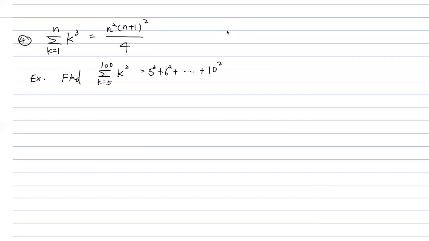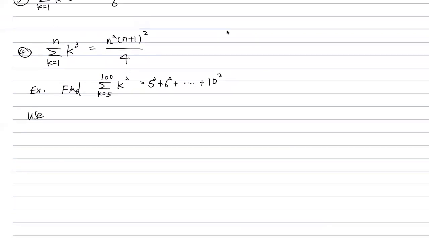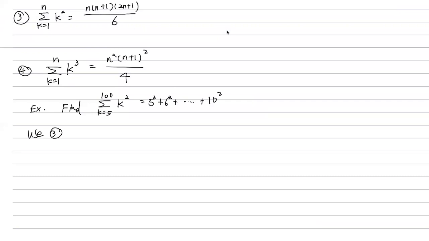In this case, I'm going to use my number 3, which is the summation k go from 1 to n of k squared, equal to n times n plus 1, 2n plus 1, over 6. Let's just try the 5 to 100.